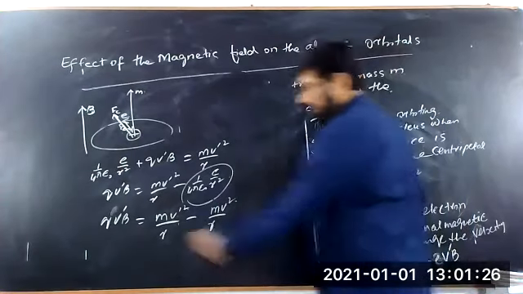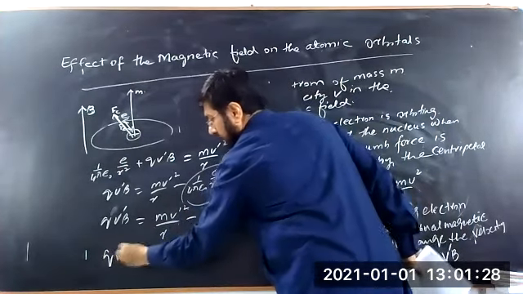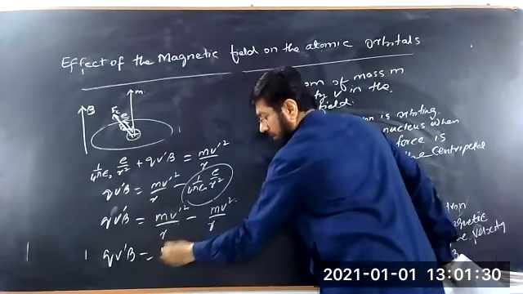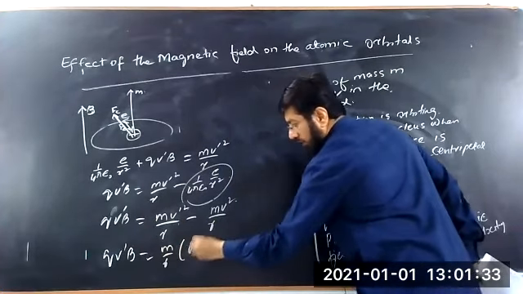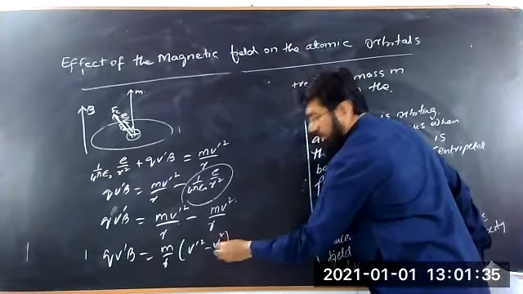So here this equation becomes Q V dash B is equal to M upon R, which is common. So this is V dash square minus V square.